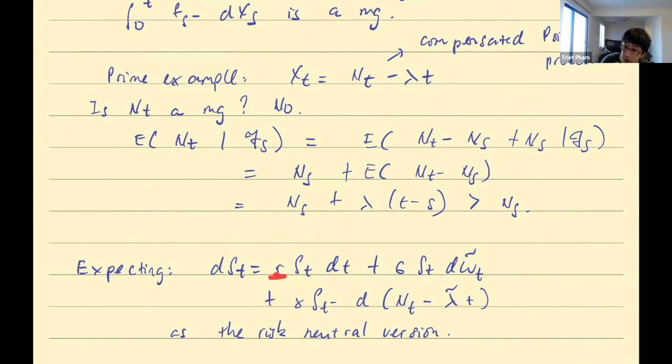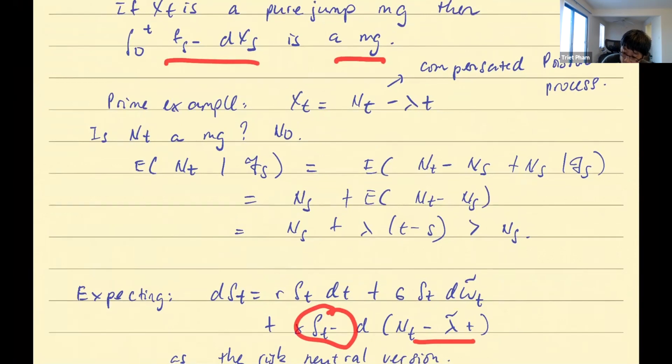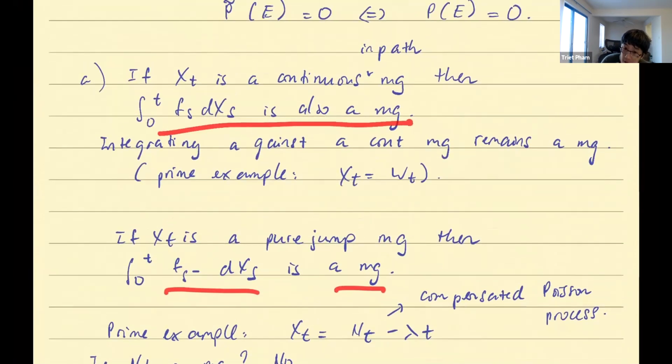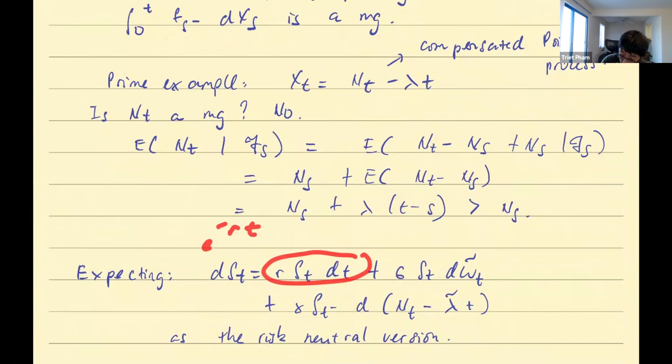Because the drift now is R. This is the Brownian motion, and this is a compensated Poisson process, because the compensated Poisson process is a martingale. This minus right here keeps it a martingale. And of course, this is taken care of by e to minus RT. So the discounting will take care of this. Therefore, it becomes a martingale. You see?